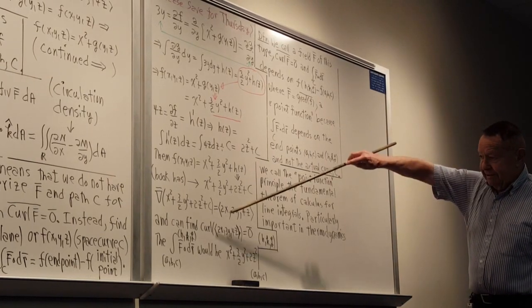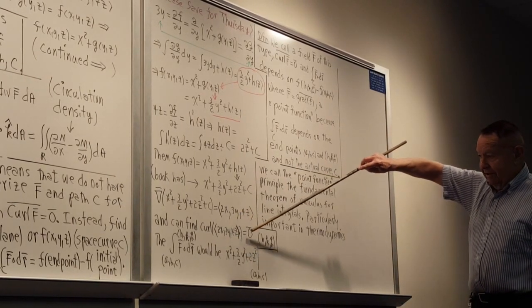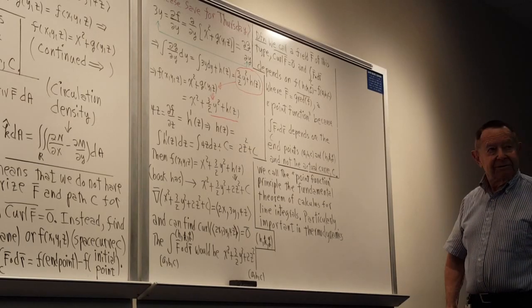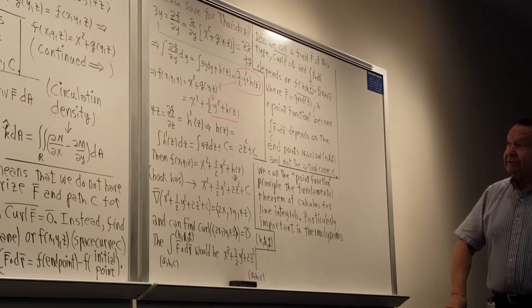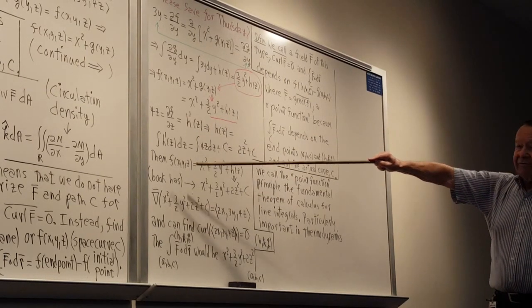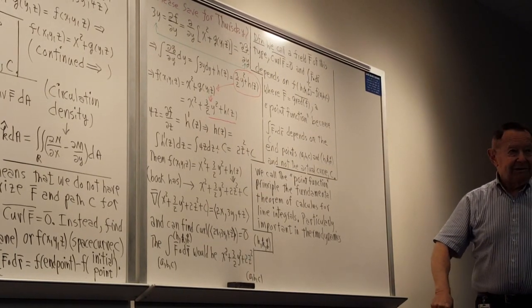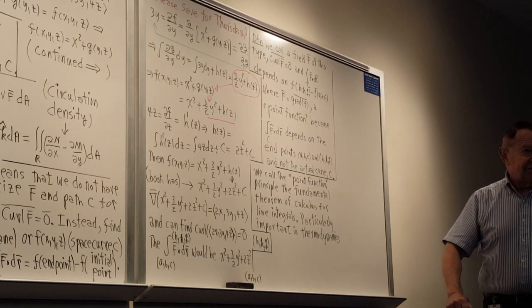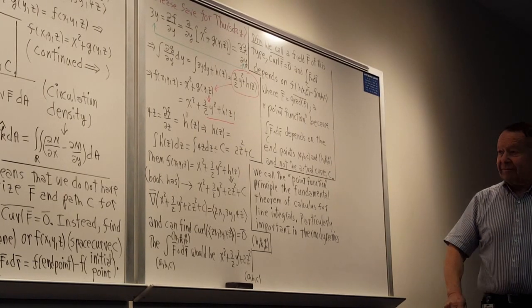And if you wanted to take curl of this thing, you'd find that it is 0. Okay, so this is an example of how you do it to recover the potential function from its gradient.